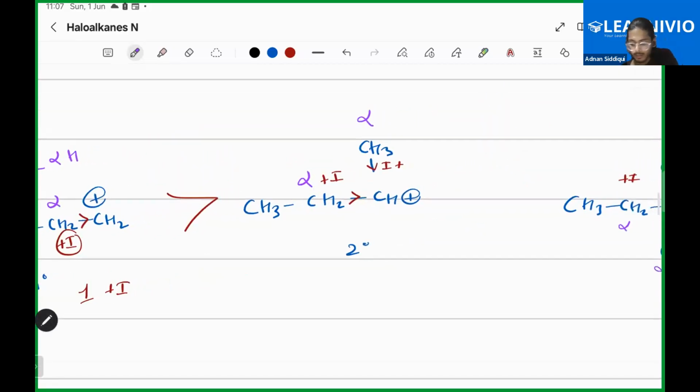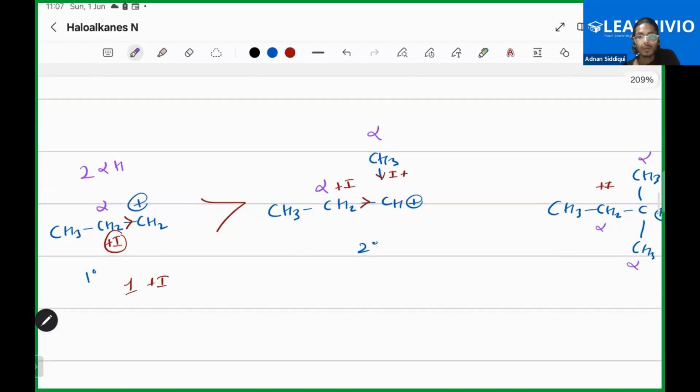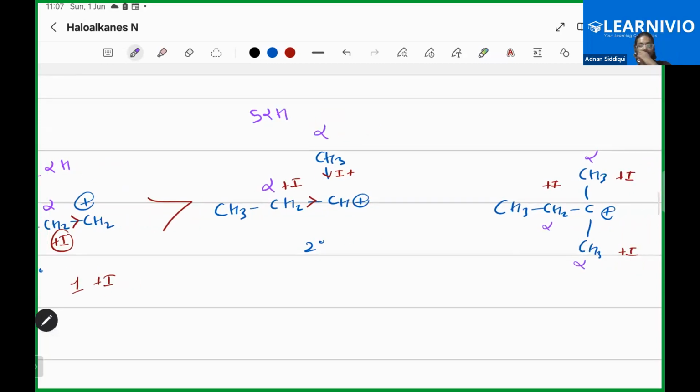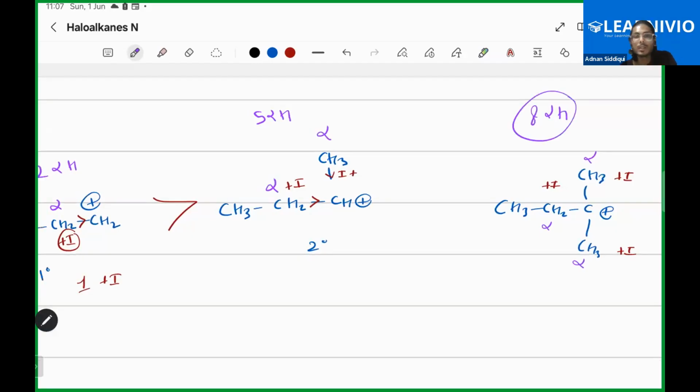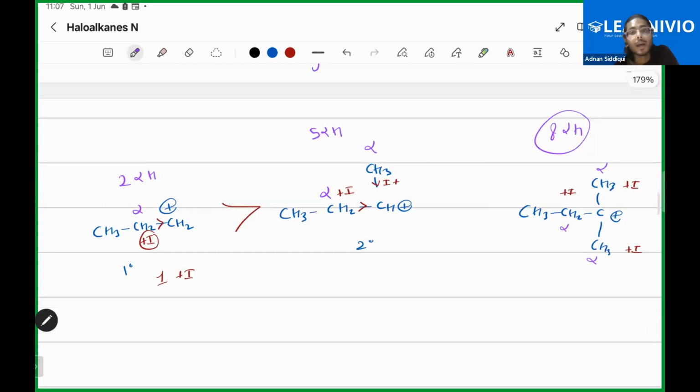Here, 5. And for this, 8. Great. So the more the number of alpha hydrogens, the more will be the hyperconjugation. Similar to our inductive effect, hyperconjugation helps us to stabilize the carbocation.